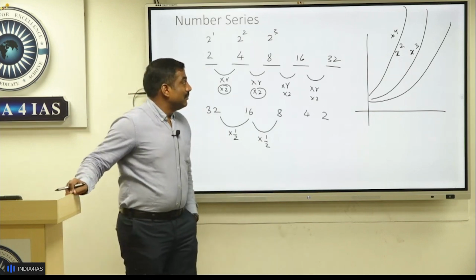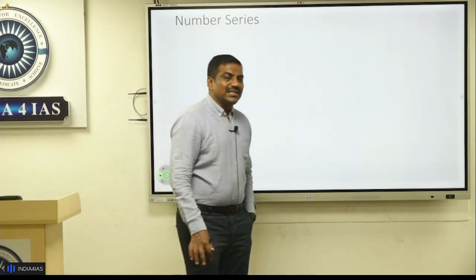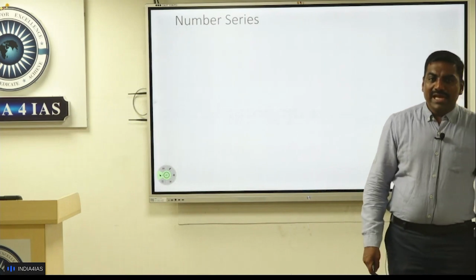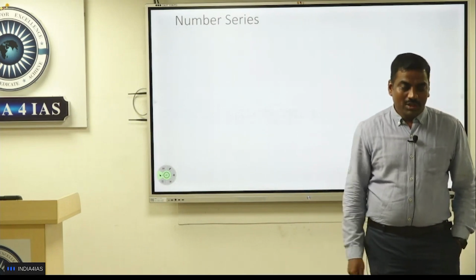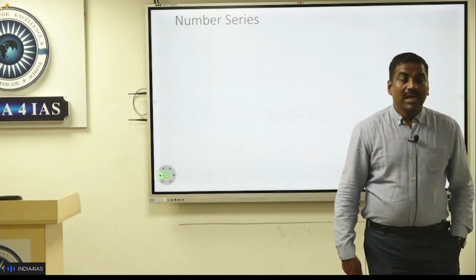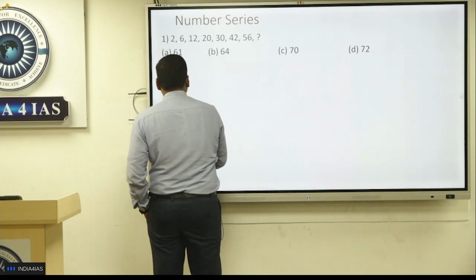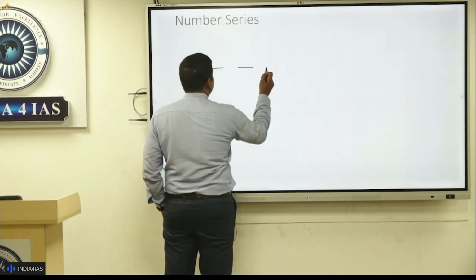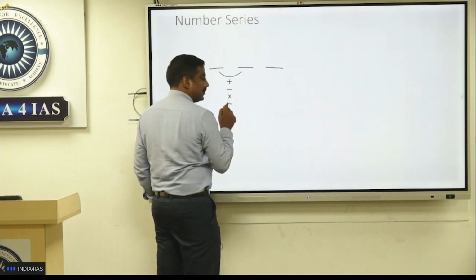But when we say number series, we don't strictly deal with arithmetic progression and geometric progression. Sometimes these number series can be illogical also. I'll tell you on several occasions. From one entity to the next, what we do is either plus or minus or multiplication or division.